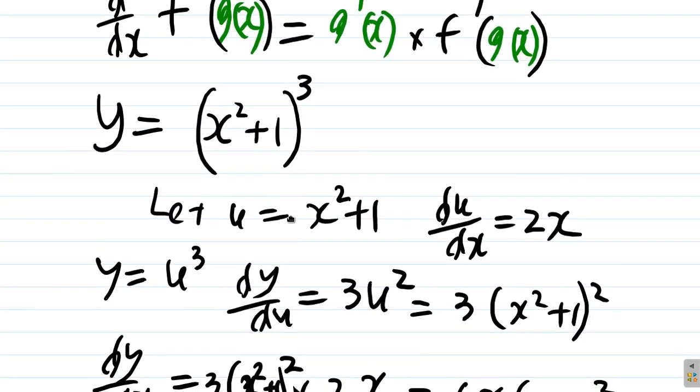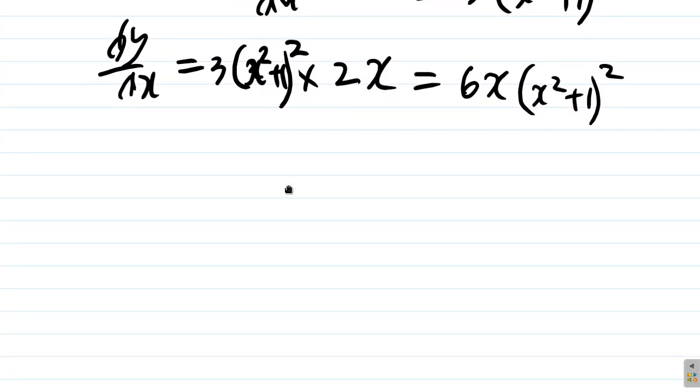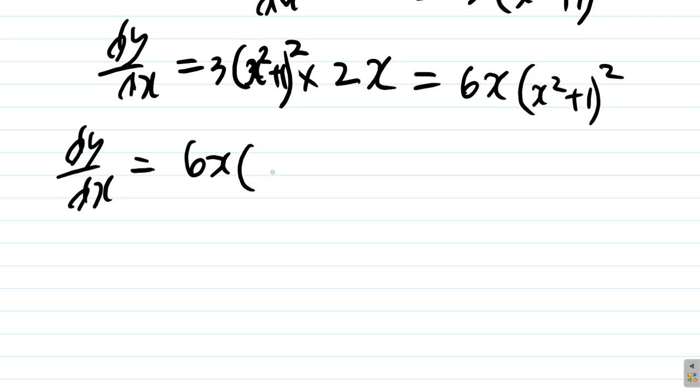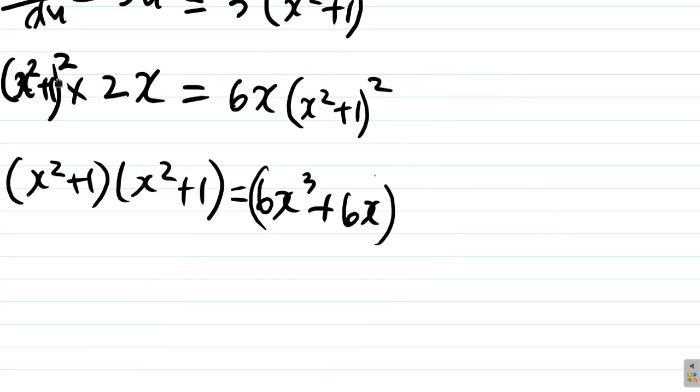Now, you may say, are you really sure? Alright, let's test it out. Our dy by dx is equal to 6x times x squared plus 1 times x squared plus 1, which is x squared plus 1 squared, right? Let's multiply them out. 6x times x squared gives us 6x cubed, plus 6x times 1 gives us 6x. We're going to multiply this now by the x squared plus 1.